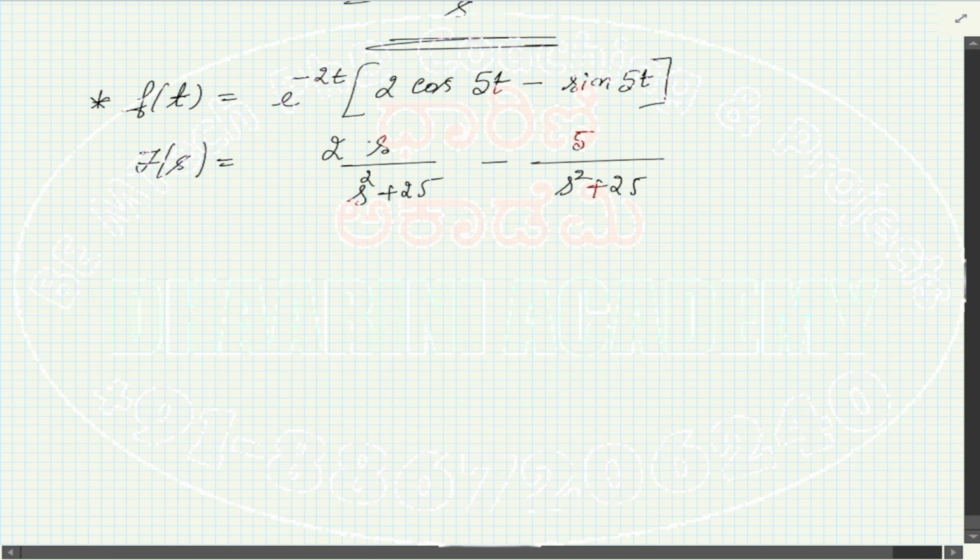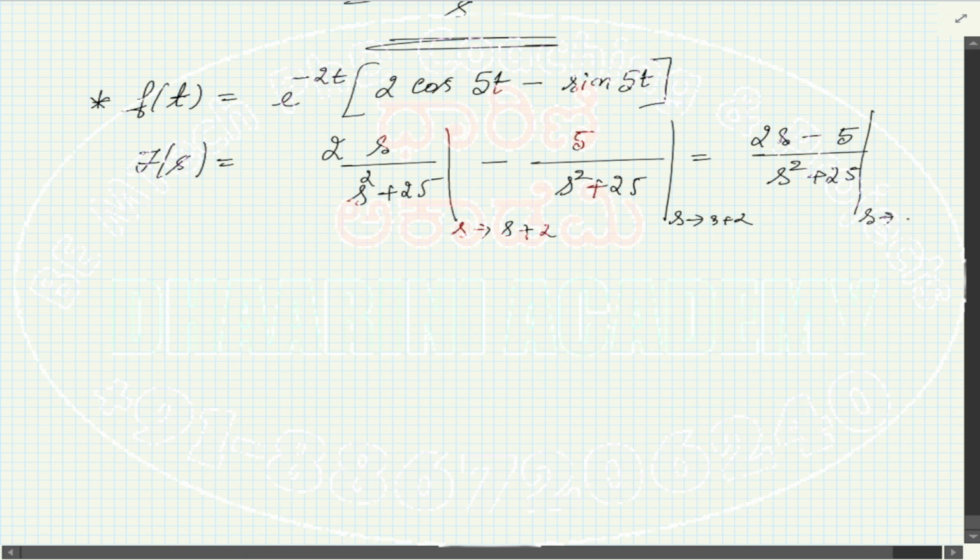This is the Laplace of 2 cos 5t minus sine 5t, which is equal to 2s minus 5 divided by s square plus 25. This is the first half of the answer, but I need to make a change. This s should be replaced by s plus 2, and even this s should be replaced by s plus 2. After clubbing, it remains the same.